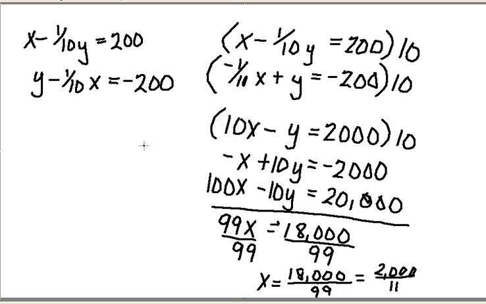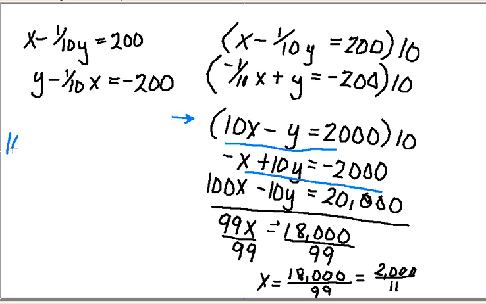And now I can go back up here and pick any equation, and fill in for x and solve for y. Alright, here I'm dealing with fractions. I don't really want to do that. So I can also pick one of these equations. I could pick this one or this one. I think I'm going to pick this one, mainly because it'll be real easy to get this in terms of y.